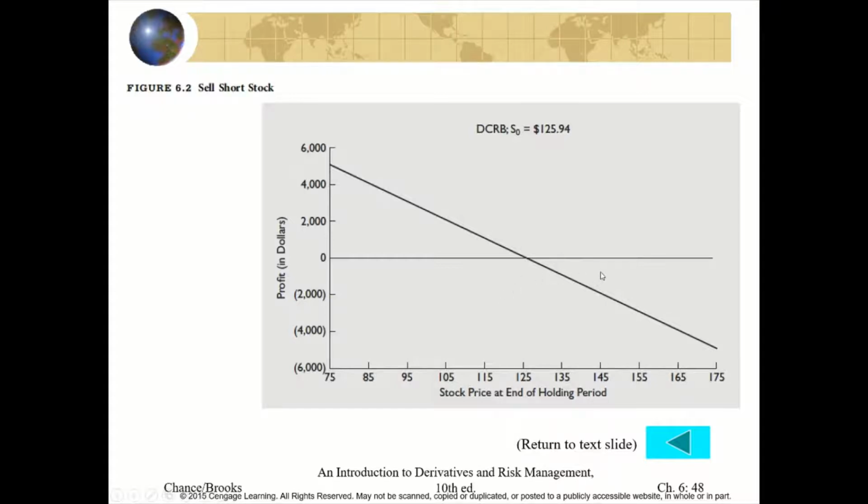So if you borrowed the stock from a financial institution, they might force you, if the price of the stock went up to a certain level, to buy the stock and return it to them. So let's say the price went to 155, you will buy the stock at 155. You sold it and received only 125, so you will approximately lose around $30.